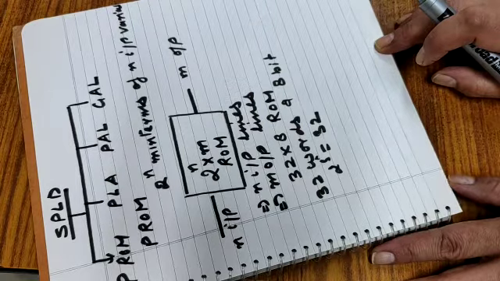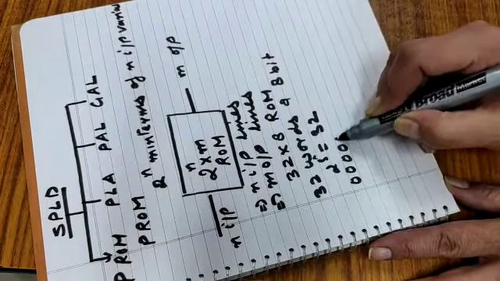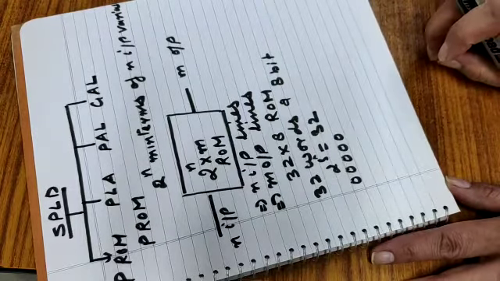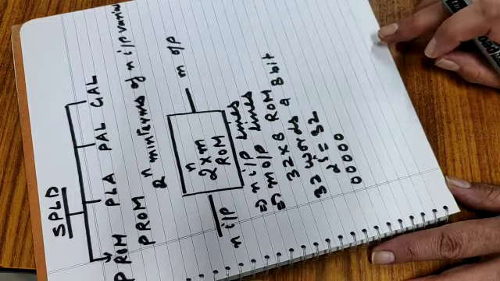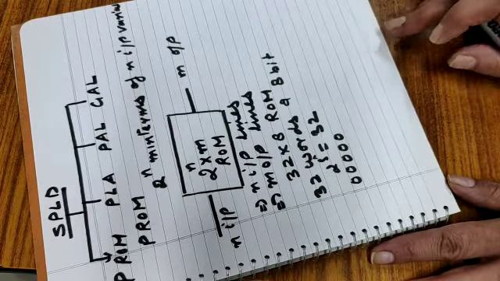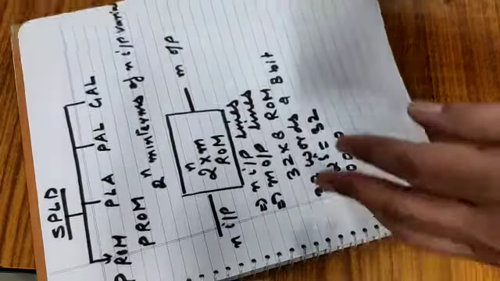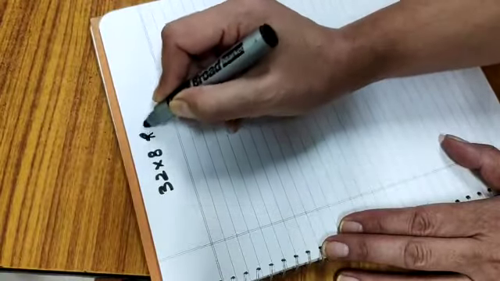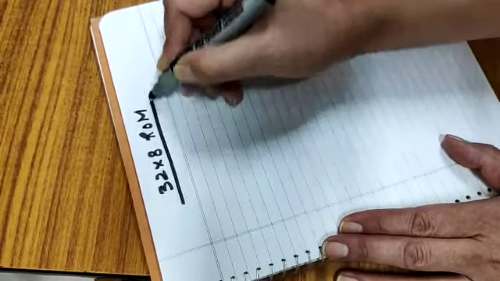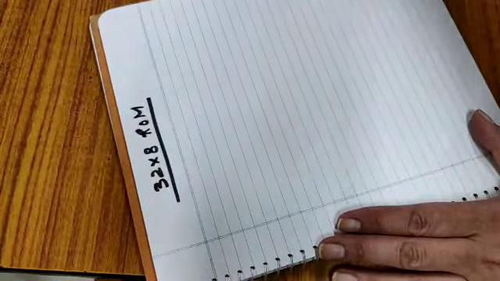For example, if the input address is 00000, word 0 is selected and it appears on the output lines. Basically, for the 32 x 8 ROM, the internal diagram of this ROM is like this.